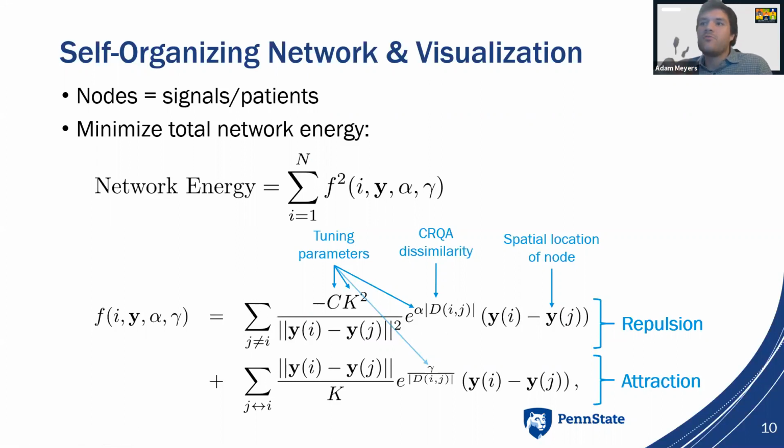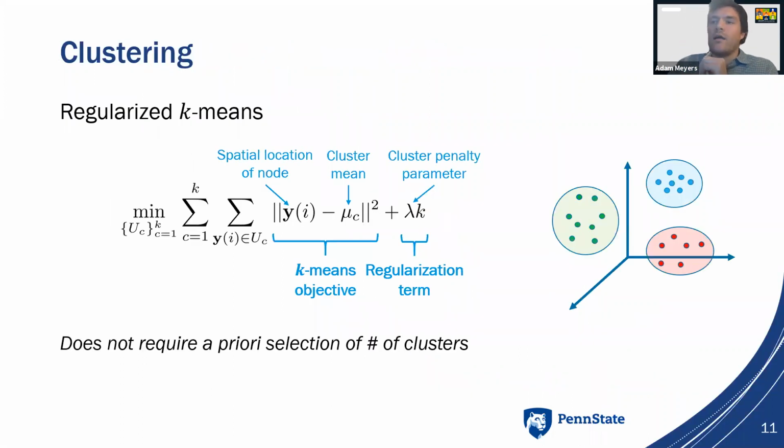If two nodes are highly dissimilar to each other, then they're going to tend to repel each other. Whereas if they're highly similar to each other, they're going to tend to attract each other. So based off of the dissimilarity matrix that we obtained from cross-recurrence quantification analysis, we can obtain a network via this algorithm. I'll show you a video of that later, of how that looks.